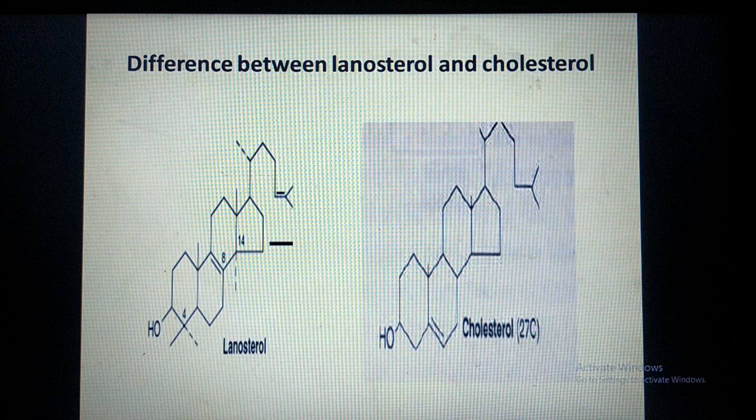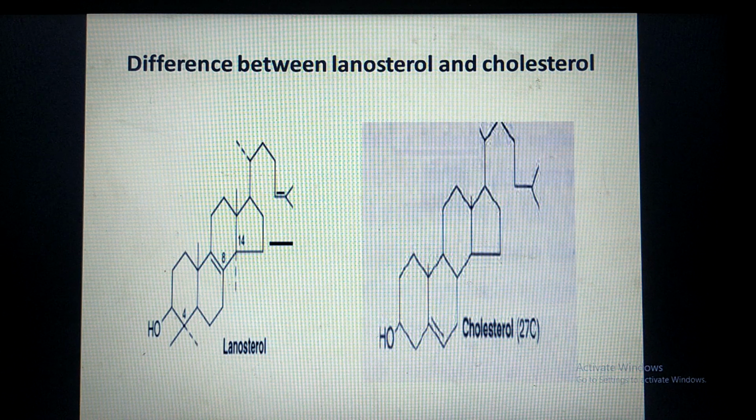These 3 extra carbons are attached, 2 in the form of methyl groups at the 4th position and 1 in the form of a methyl group at the 14th carbon in lanosterol. Out of these 3 methyl groups, 2 are present at the 4th carbon and 1 at the 14th carbon. So this is the first difference.